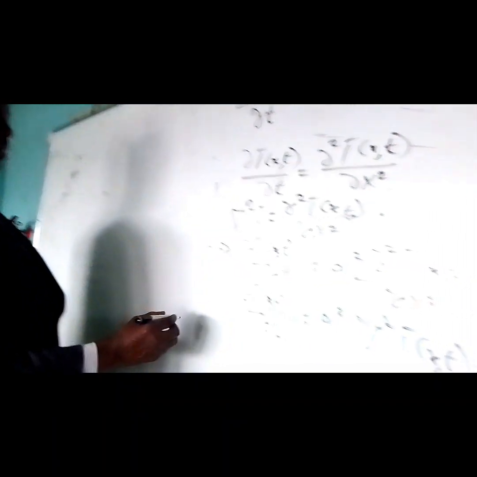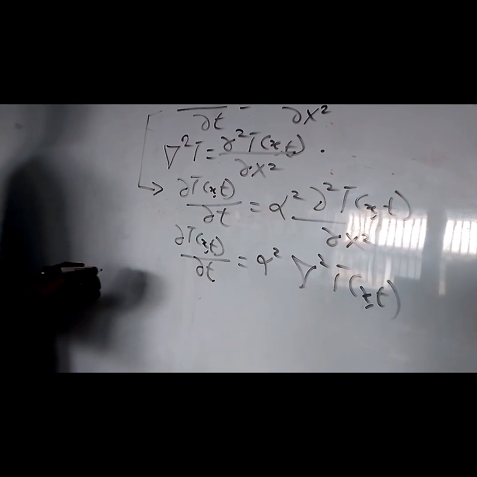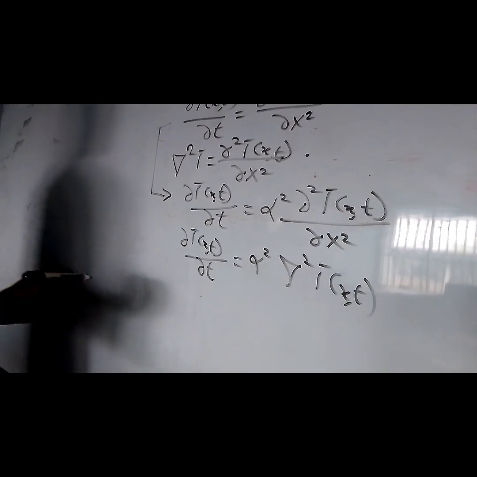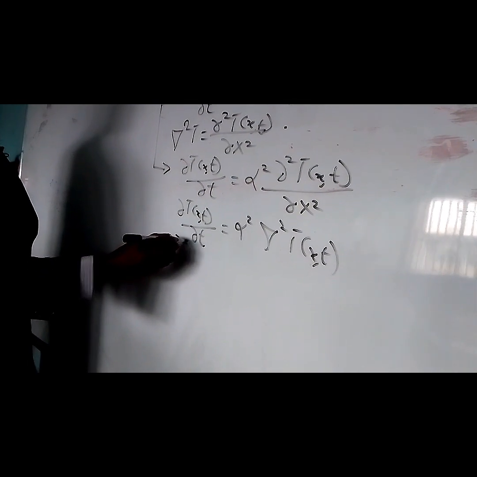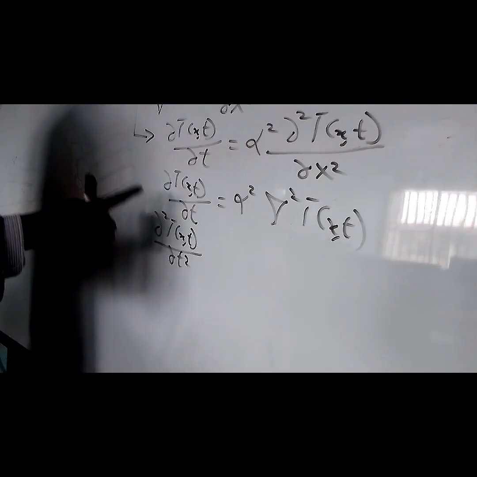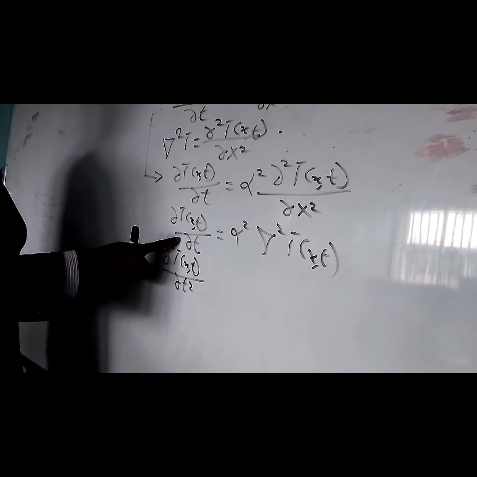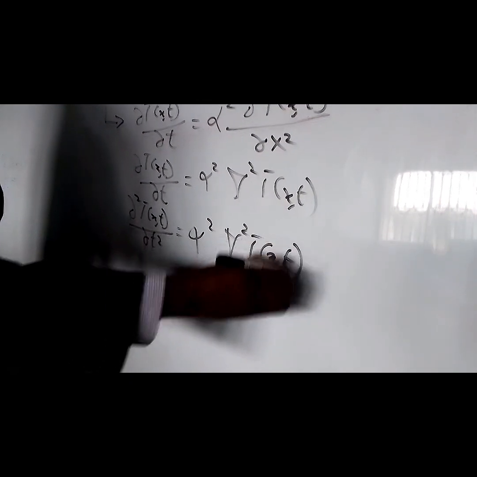However, we have another pertinent equation, which is also referred to as the wave equation. The wave equation is partial squared T of x comma t with respect to partial t squared, which connotes acceleration, while the first-order equation connotes velocity, equal to alpha squared nabla squared T of x comma t.